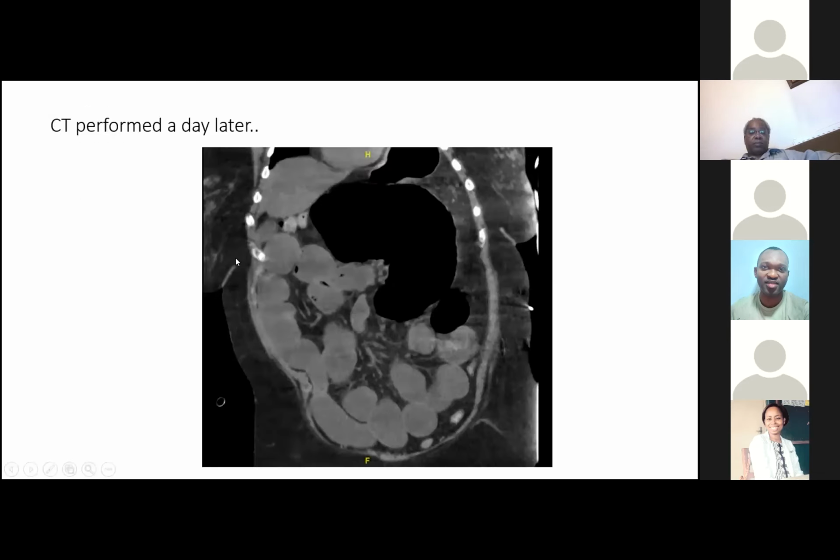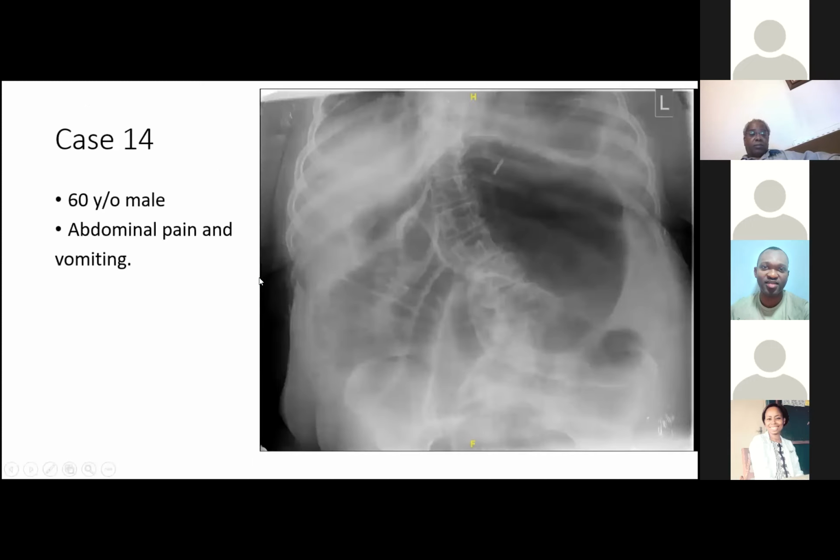Yeah, on the plain film, that's a good question. When you have a plain film of the abdomen, one of the most useful first things is to identify where the stomach is. So go from the top. The stomach is going to be the most cranial gas-containing structure you see, typically in the left upper quadrant, heading across the midline.